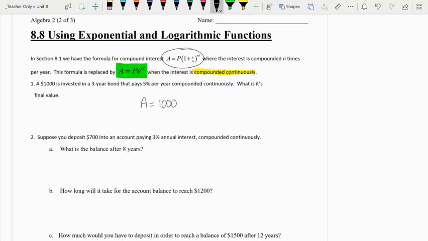Then we have e to our rate, which remember, anytime we have a rate, we move it to the left. And we don't know the final value. Oh, nope, sorry. And it's a 3-year bond, so that times 3. Now, if you plug this into your calculator correctly, you end up with your final answer, $1,161.83.